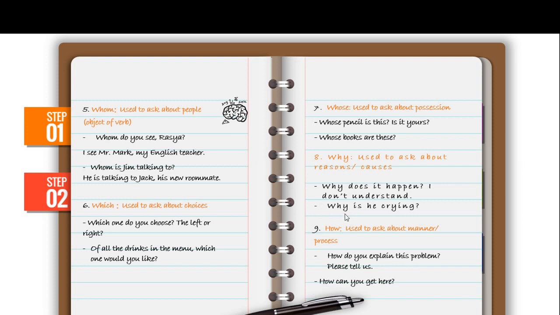And the second example, why is he crying? Okay, if I ask you why should we use is here, not do, does, or anything else, it's because the subject in the sentence, he, is singular, so singular must be is for the verb, and here crying is the verb in -ing.